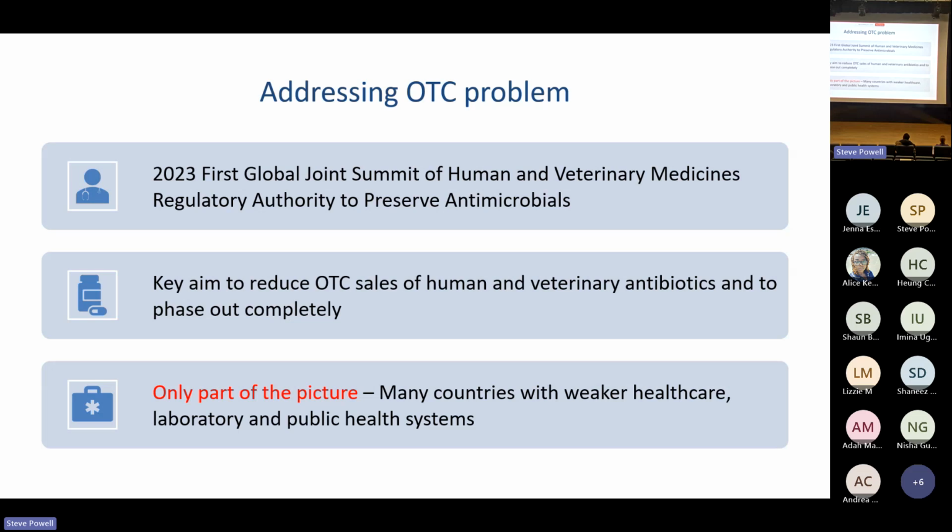And I'm sure they're an ambitious group, but they set their targets initially for their first meeting on reducing over-the-counter sales with the aim to phase them out completely. But of course, as we said before, from the slide where we had all of the various factors that are involved in the AMR issue, the antimicrobial resistance issue, controlling over-the-counter medication is very important. It is only part of the picture. The lack of infrastructure, the lack of healthcare, the lack of laboratory and public health systems is key to a lot of this too.